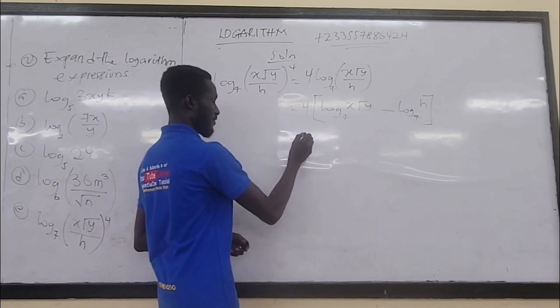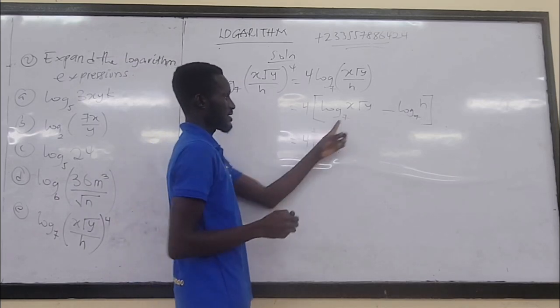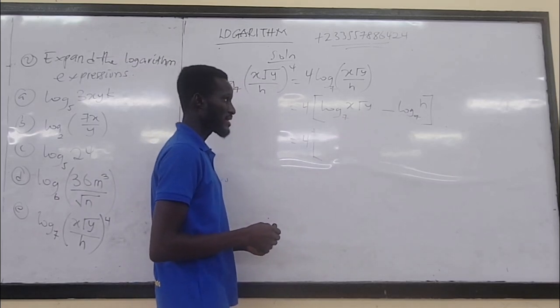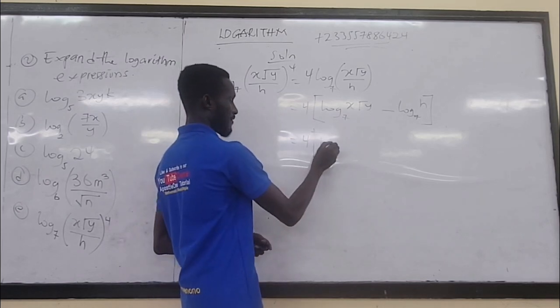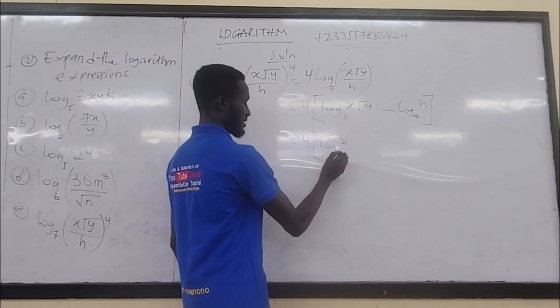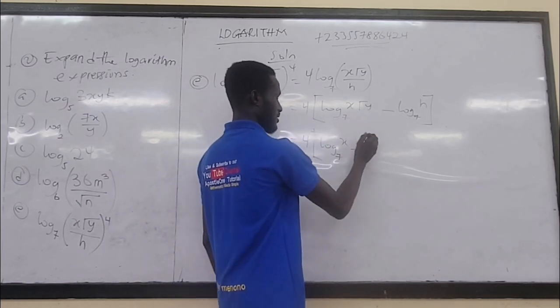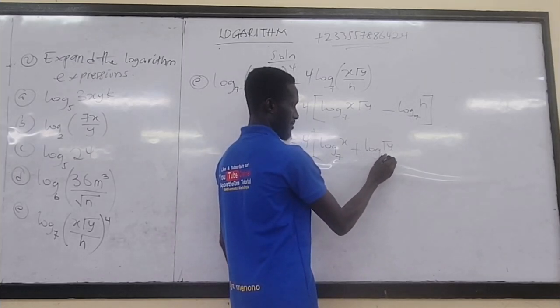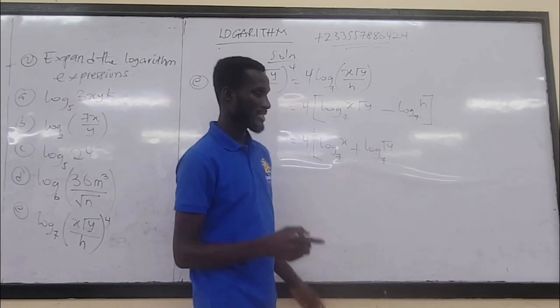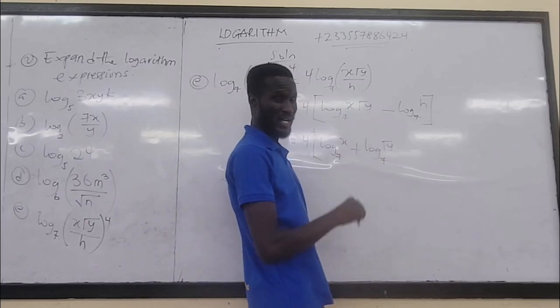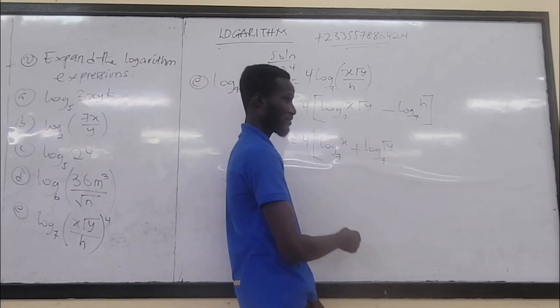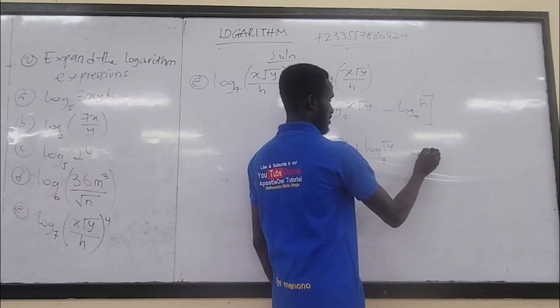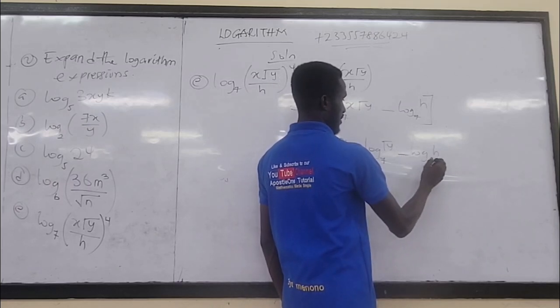So you have 4. This one means addition. So let me add them. No worries. So we have log x base 7 plus log root y base 7. Now don't forget that the root y means exponent half. So I'll bring the half to the front of the log. So minus log h base 7.